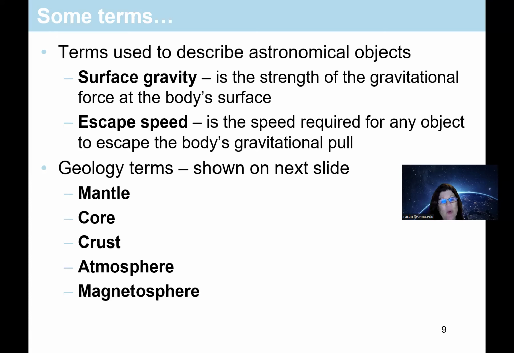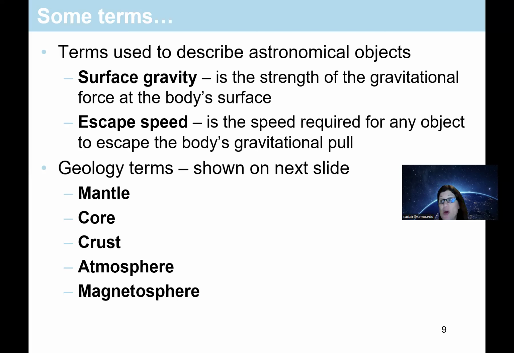It's the speed that's required for an object to escape the gravitational pull of a body. So, for instance, the smaller the body, the less the gravitational pull, and of course, the less the escape speed that you have to achieve in order to escape the body.